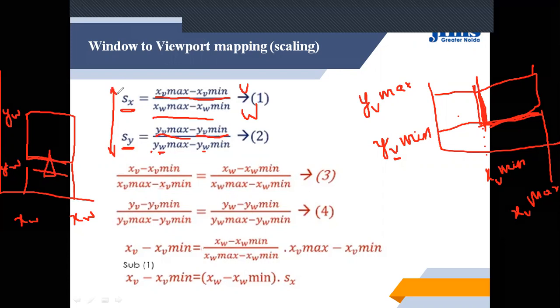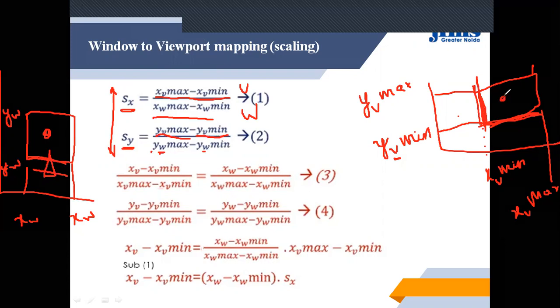Now we will try to find out the scaling factor of the corresponding point. This is the point on the window. We have to map this point onto the viewport.